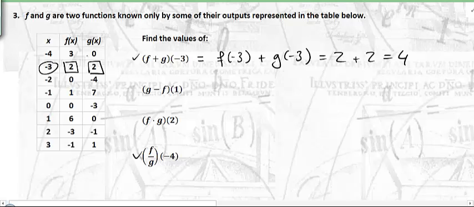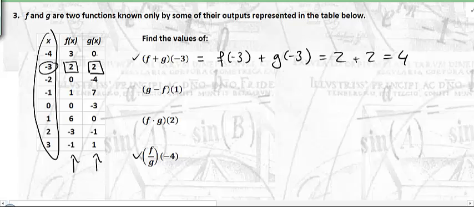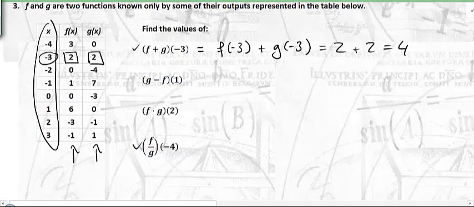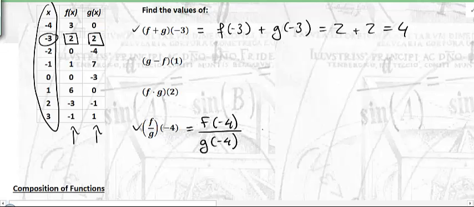So you just read the table, and these are the inputs, and this is the output of f, and this column represents the output of g. Okay, we do not know any other value for f and g, and that's okay. Let's do the ratio. So by definition, you have to take the ratio of f of -4 and g of -4.